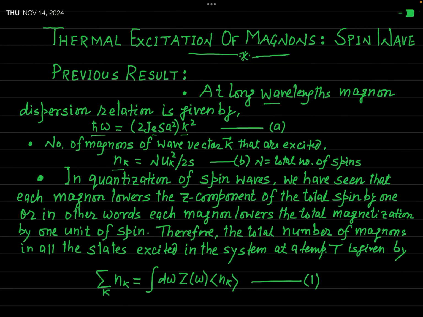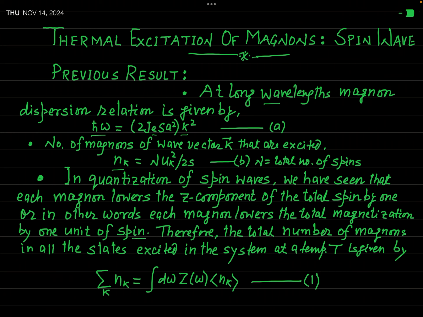In fact, while discussing the quantization of a spin wave, we have already seen that each magnon lowers the z component of the total spin by 1, or in other words, each magnon lowers the total magnetization by 1 unit of spin.